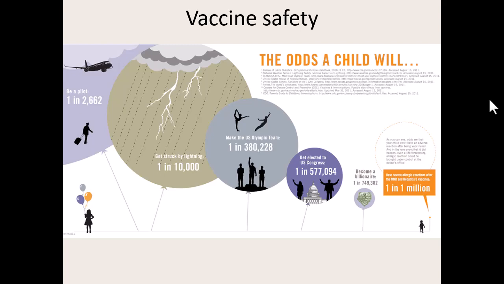So those are, of course, the cases that make the news and get over-publicized, that someone has an allergic reaction to something. Generally, if you have had allergic reactions to something in the past, like I have severe allergies to peanuts, you are more likely to have a severe allergy to any kind of vaccine.